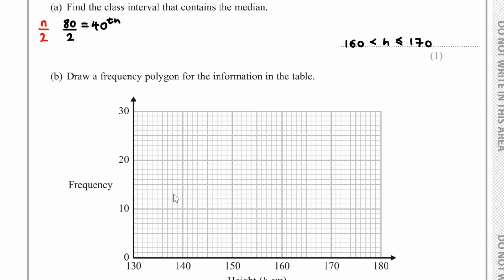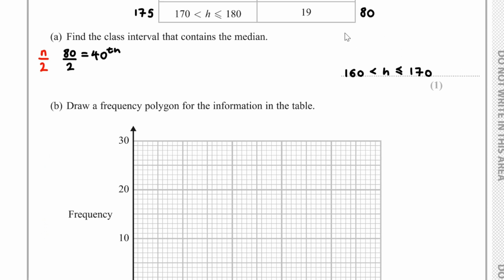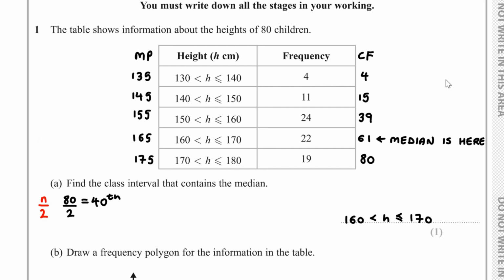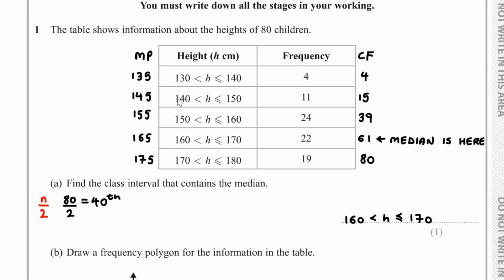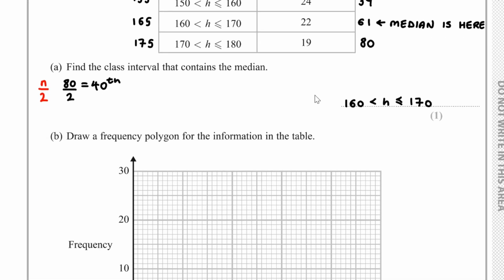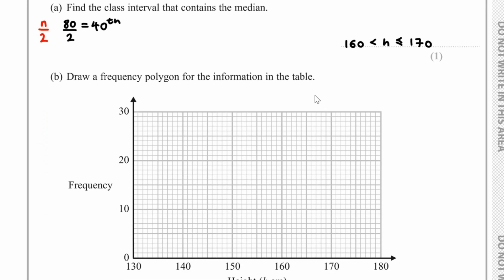So now we need to plot the midpoints. So first of all, for 135 we've got a frequency of 4. So we start off here somewhere, and then if we join that up to the next point, for 145 we've got 11. So 135, 4, that joins up to 145, 11.